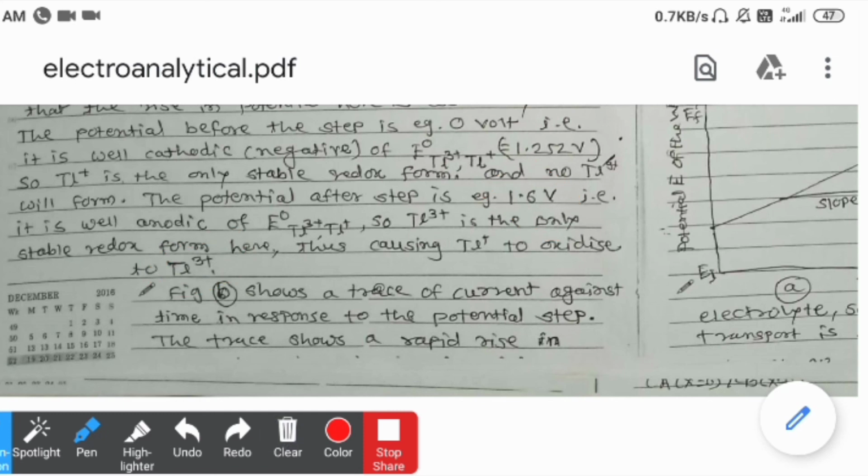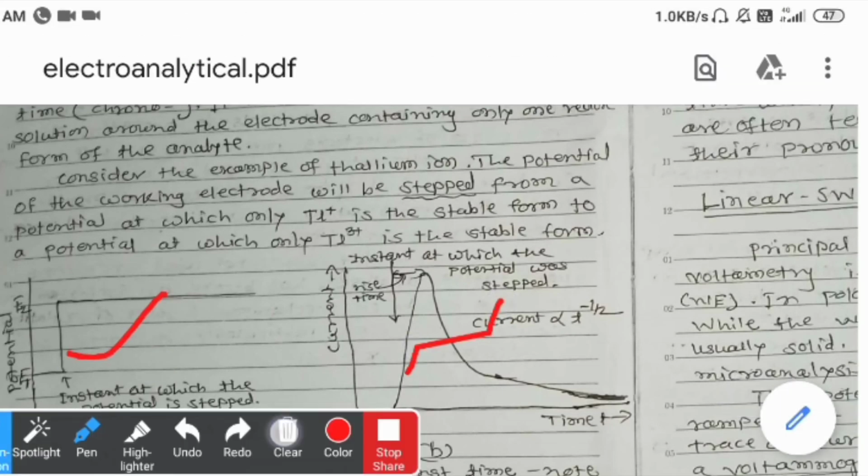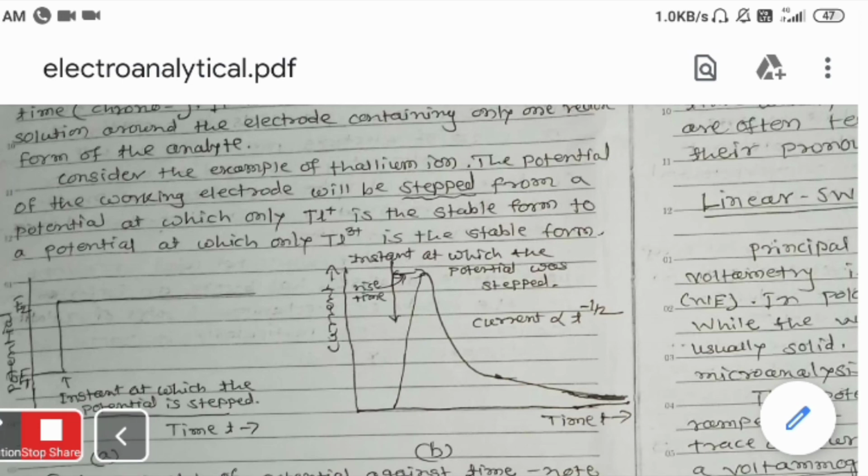So based upon the external potential that we have applied at about minus 1.252 volt, we get only thallium plus 1 in the stable form, and if the potential is maintained at about 1.6 volt, we get only thallium 3 plus as the stable state. Figure B shows the trace of current against time in response to the potential step. So this is the input signal and this is the output signal for this chronoamperometric technique.